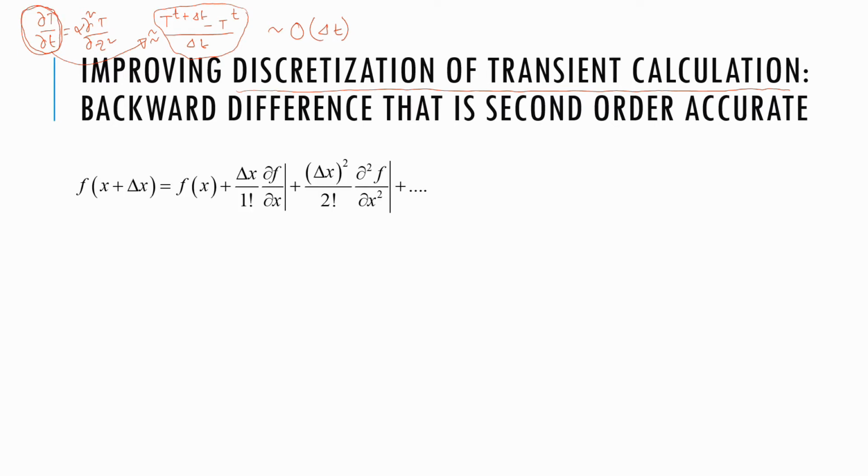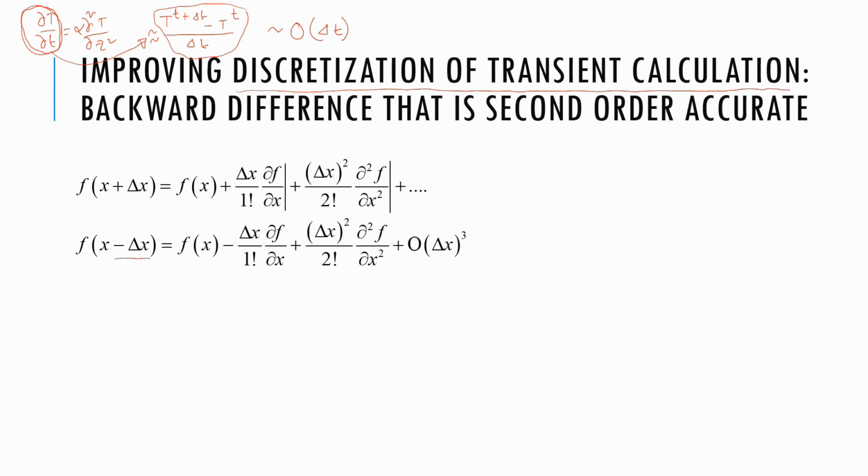So again, we start from the Taylor series, and from that we can write for x minus delta x backward.